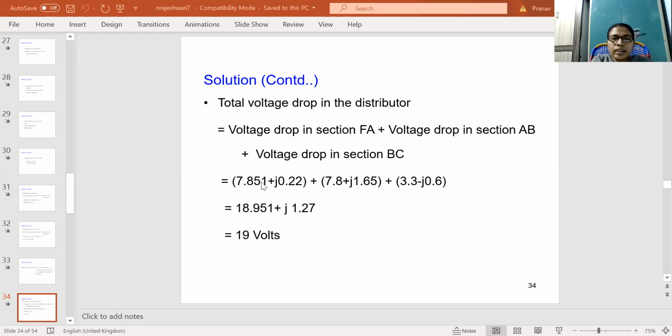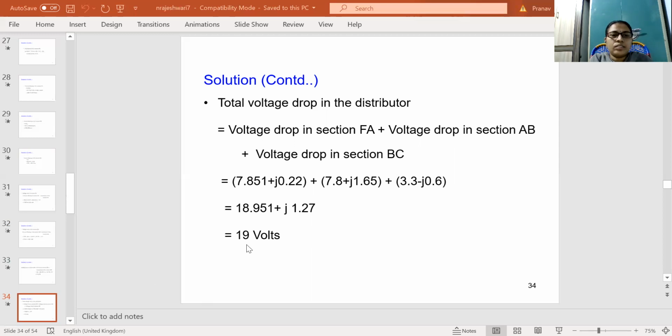Adding 7.851 plus 7.8 plus 3.3, we get 18.951, and j0.22 plus 1.65 minus 0.6 gives j1.27. Finally, in polar form, 19 volts is the total voltage drop across the distributor F to C.